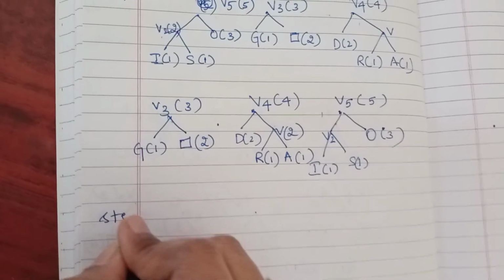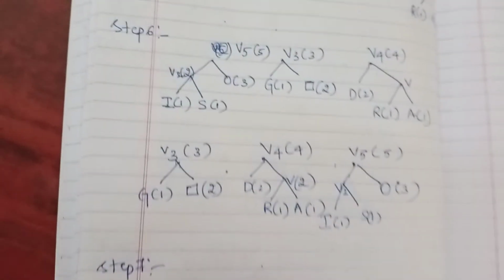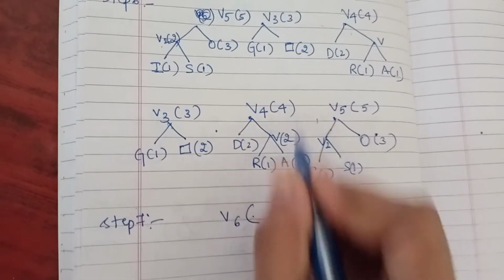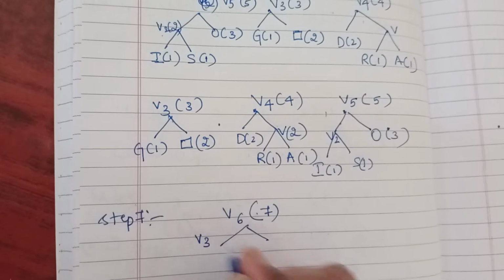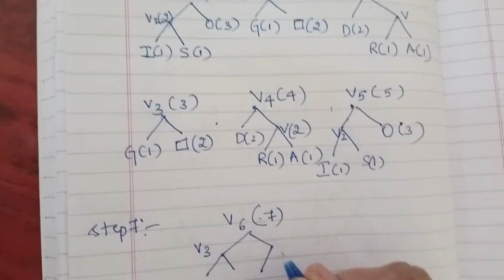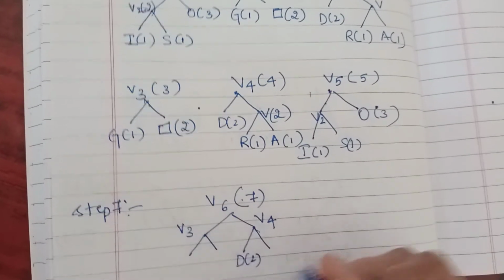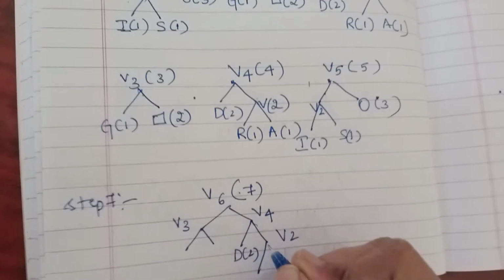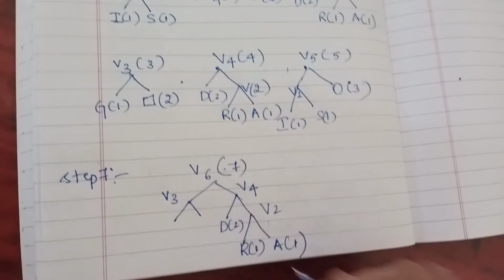Now step 7, combine the next two minimum weight, that is V3 and V4. So it becomes V6, 4 plus 3 is 7. So you will have V3 towards one side and V4 towards one side. That is V4 of D of 2 and V2 of R1 and A1.